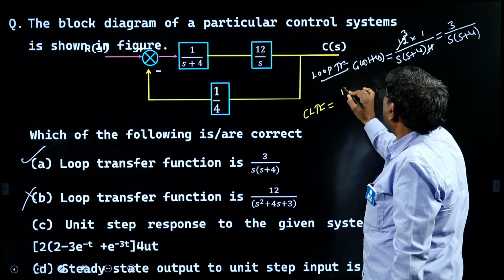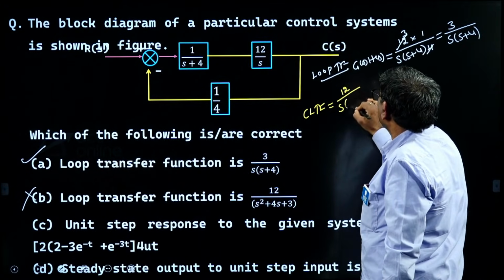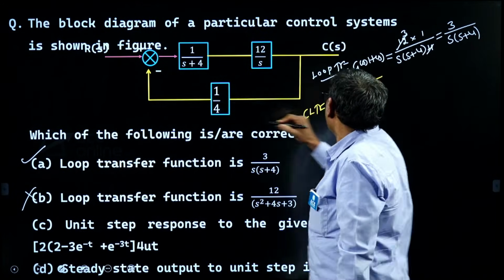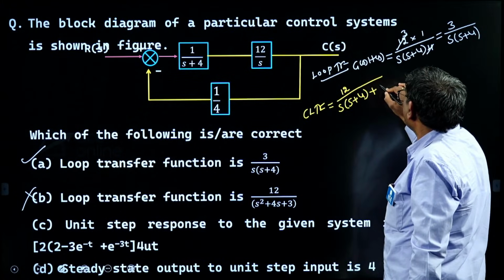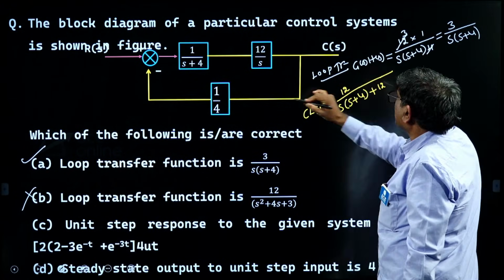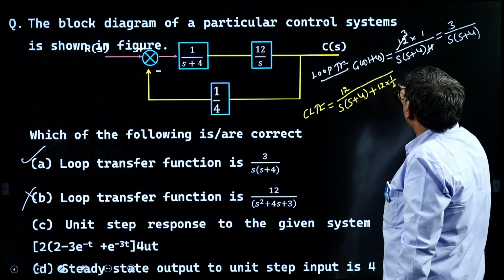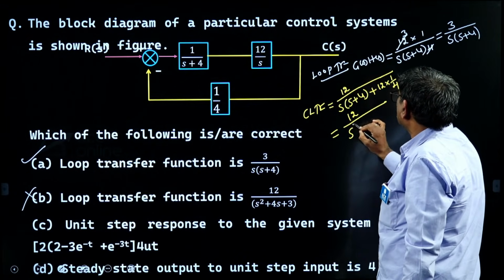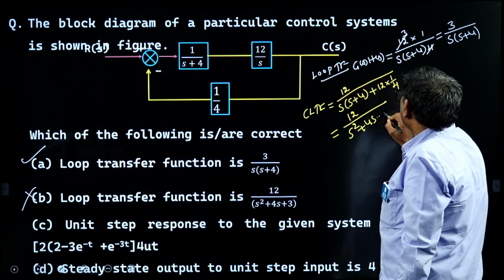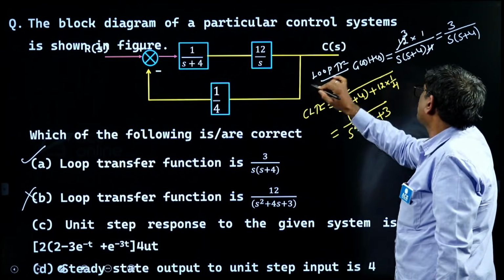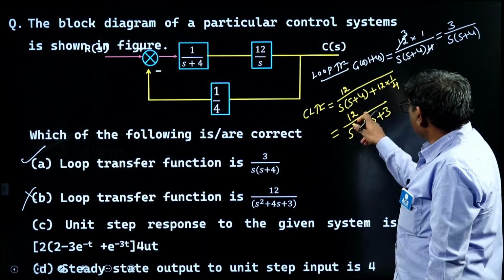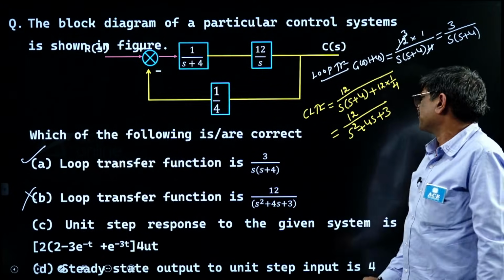Numerator is 12 by s into s plus 4. Then the opposite sign of the feedback, minus means plus, and the numerator term 12 is multiplied with the feedback gain 1 by 4. So we get 12 divided by s square plus 4s plus 3, because there is no unity feedback, you cannot add the numerator directly in the denominator. That's why you have to write the closed loop transfer function again.